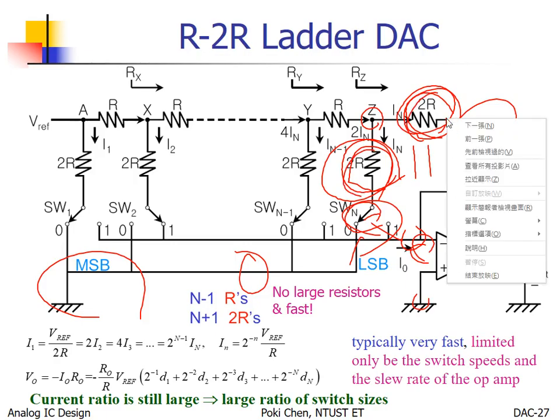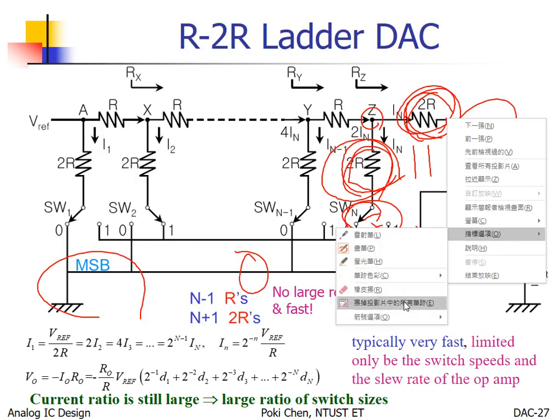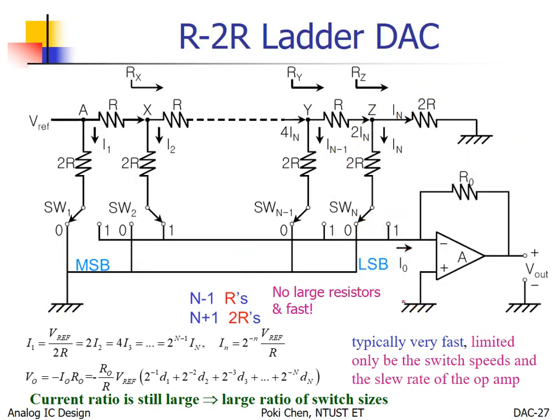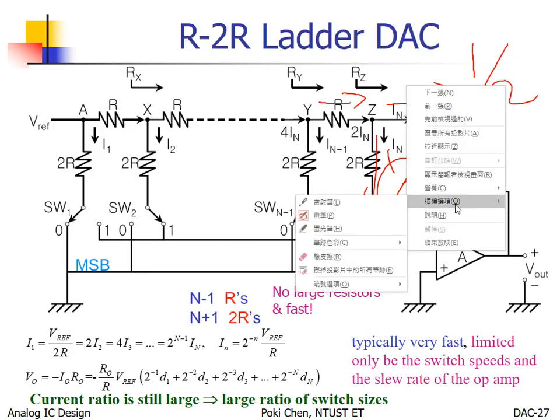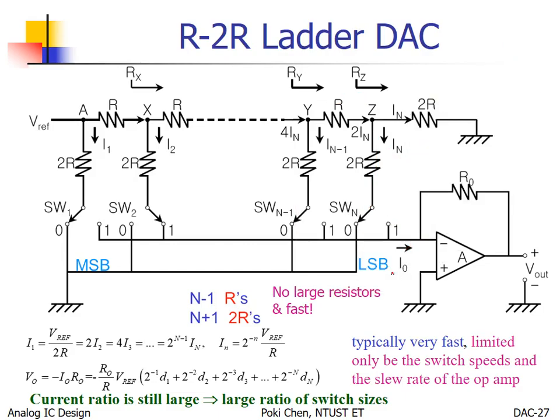Since they are equivalently connected in parallel, it means what? The current here will be split 50%. You get one half. I get the other half. That's it. And then, since they are connected in parallel, 2R in parallel with 2R.